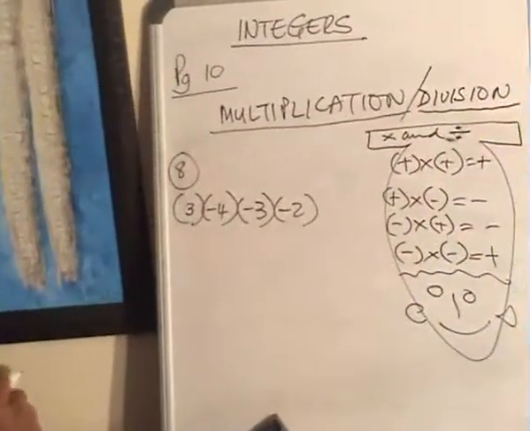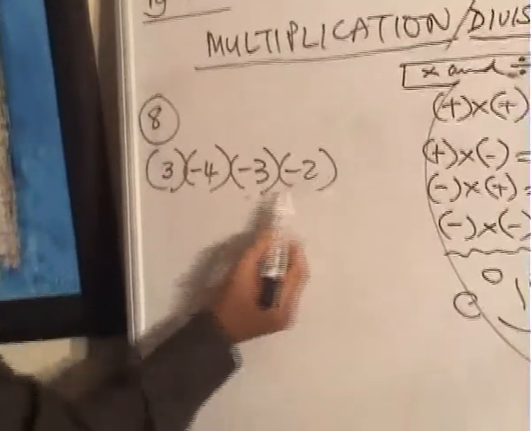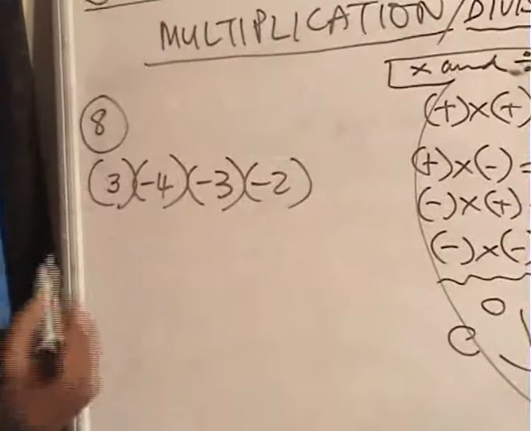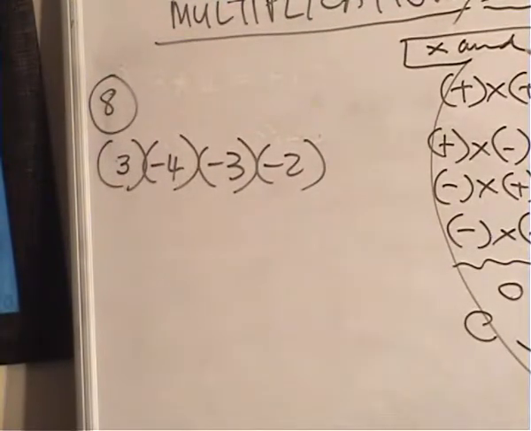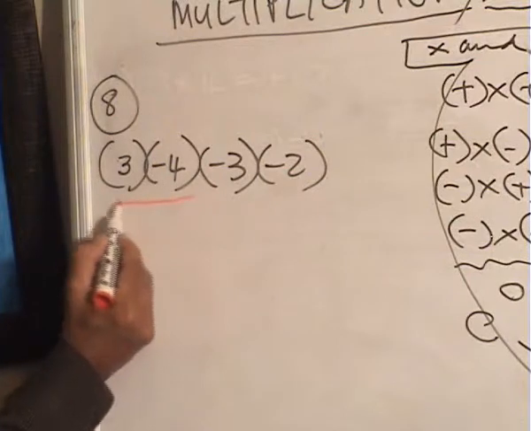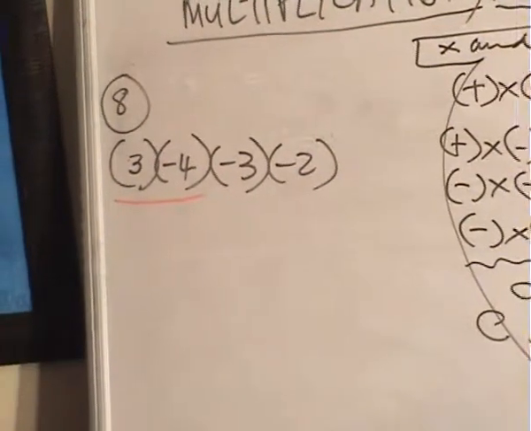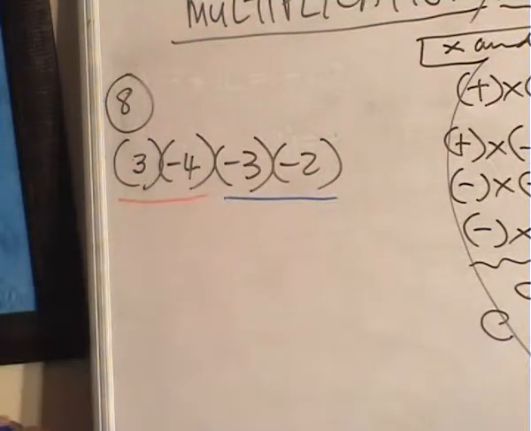So when a student looks at this, he gets a little bit shocked. Well, firstly, it's all brackets. That means we are multiplying. When you multiply or divide, you always multiply or divide two numbers at a time. So I'm going to multiply these two numbers first, and then those two numbers, and I will do my work step by step.